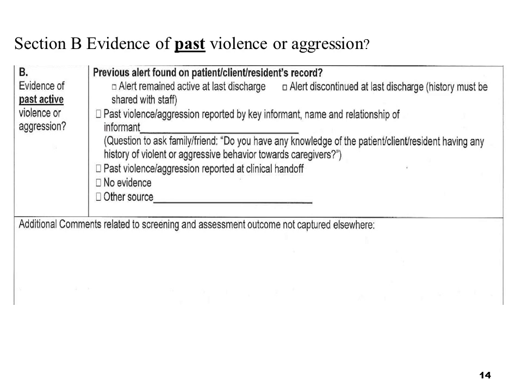Section B refers to past violence or aggression. As we as a region move further into the violence prevention screening in all programs, we're going to start seeing residents moving in who already have an alert either from home care or from hospital. So this would be an example of when you might have that evidence that yes, there was past history.